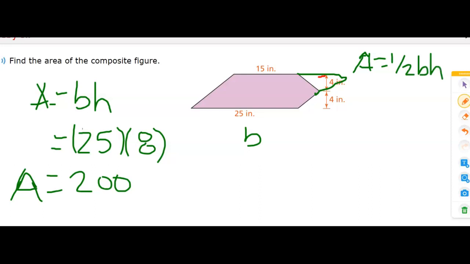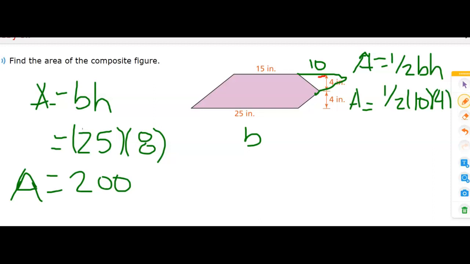So the base, we don't know what that equals, but we can solve for it. We take 25, because it's a parallelogram, the sides are equal. So 25 minus 15 is equal to 10 inches. And the height of our triangle is that 4 inches there. So we have 1/2 times 10 times 4.